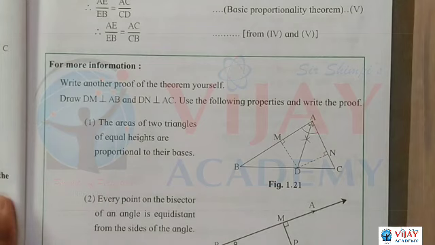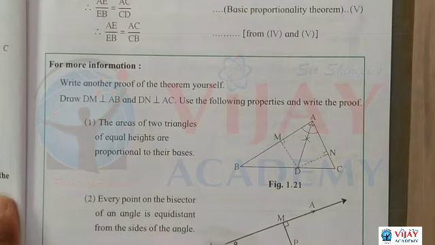Also last year we learned this property. This is angle ABC. Draw BP as an angle bisector, and if you draw the perpendiculars from point P to the arms of this angle, we get the same distance, means PM must be equal to PN. So from this we conclude that every point on the angle bisector is equidistant from the sides of the angle.